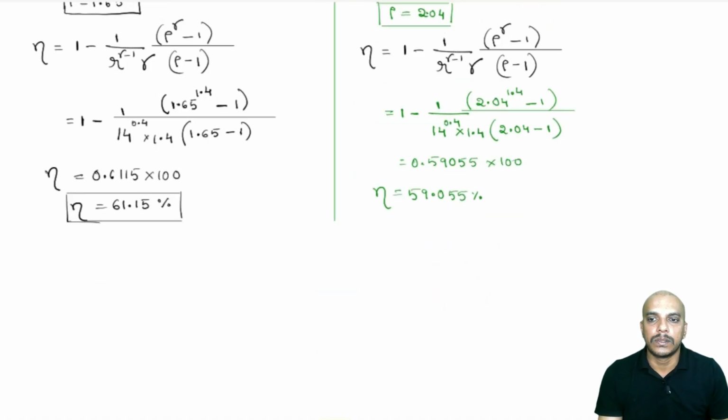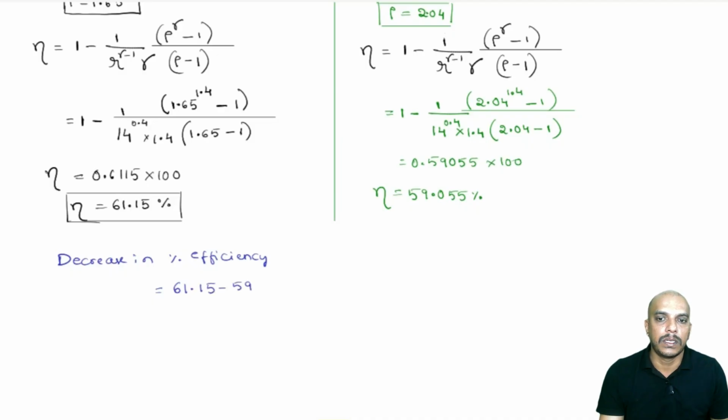Now we can quote the reason why this drop in percentage is, but before that let us see what has happened here. So there is a decrease in percentage efficiency if we increase the cutoff percentage. So that will be efficiency 1, that is 61.15, minus 59.055.